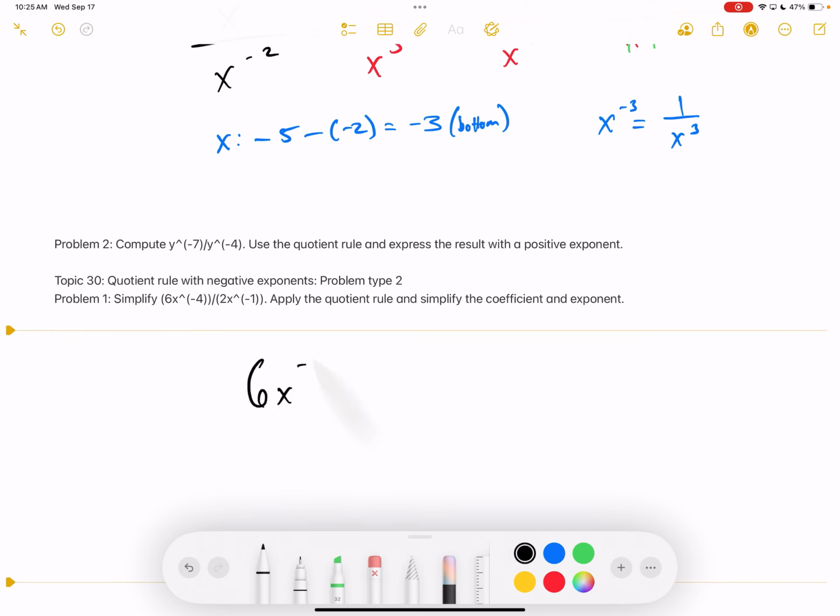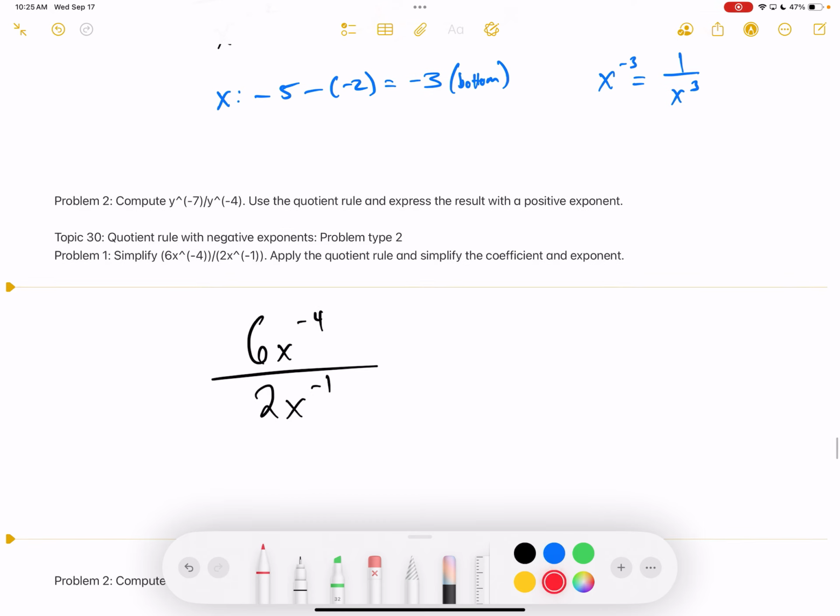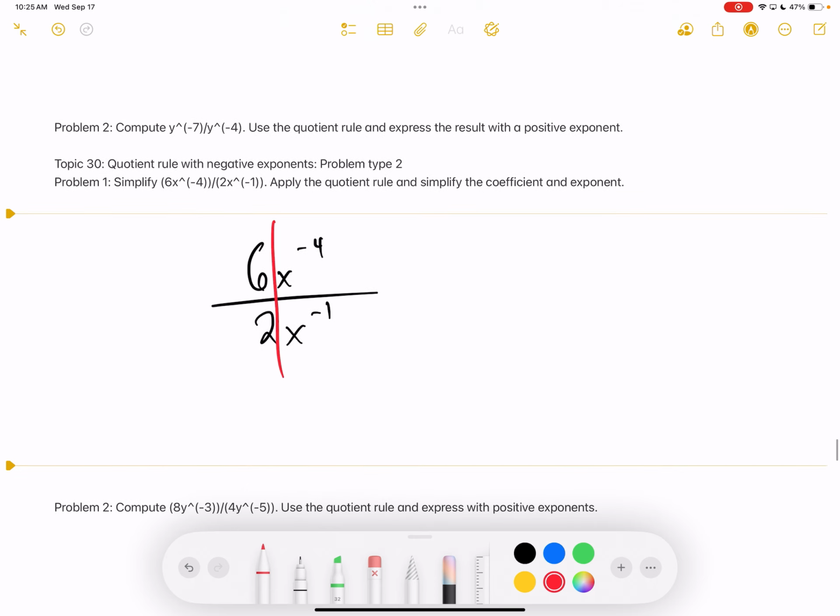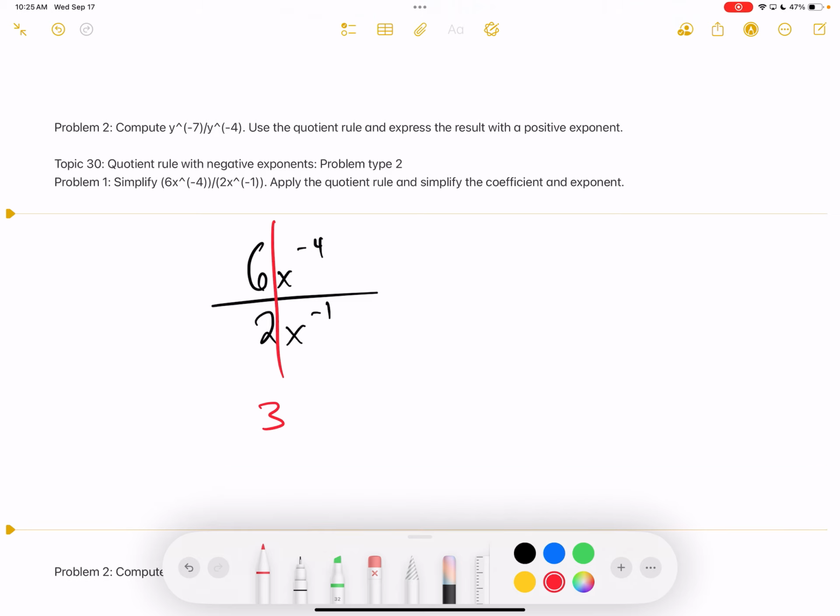So on this one, 6x to the -4th over 2x to the -1. Okay, so on this one, 6 divided by 2 is 3. Oh, but I got to go do my exponents, right? So my x's, you can subtract them if you want to.